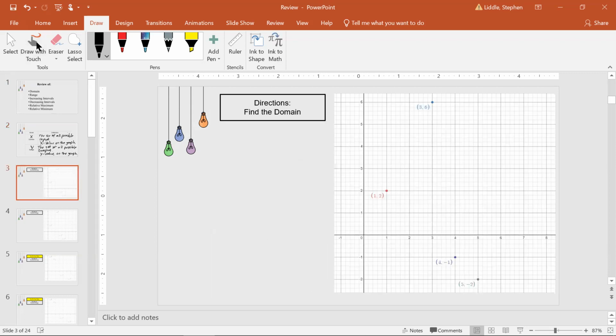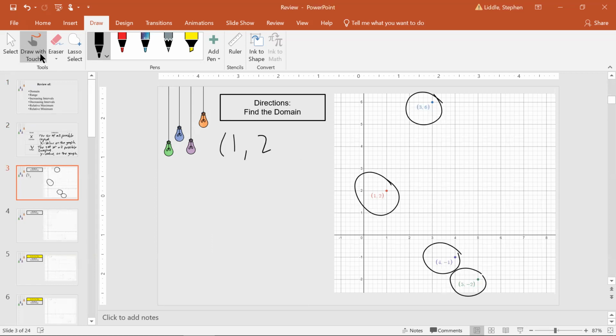So we're going to practice a discrete domain. So we are given 4 points here. We are given (1, 2), (3, 6), (4, -1), and (5, -2).